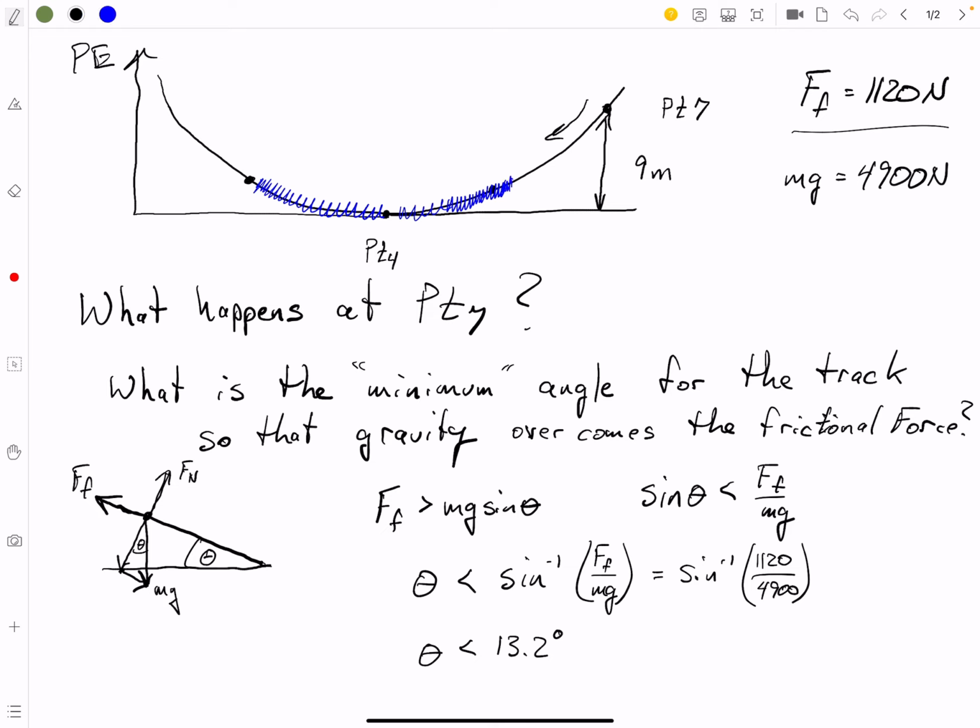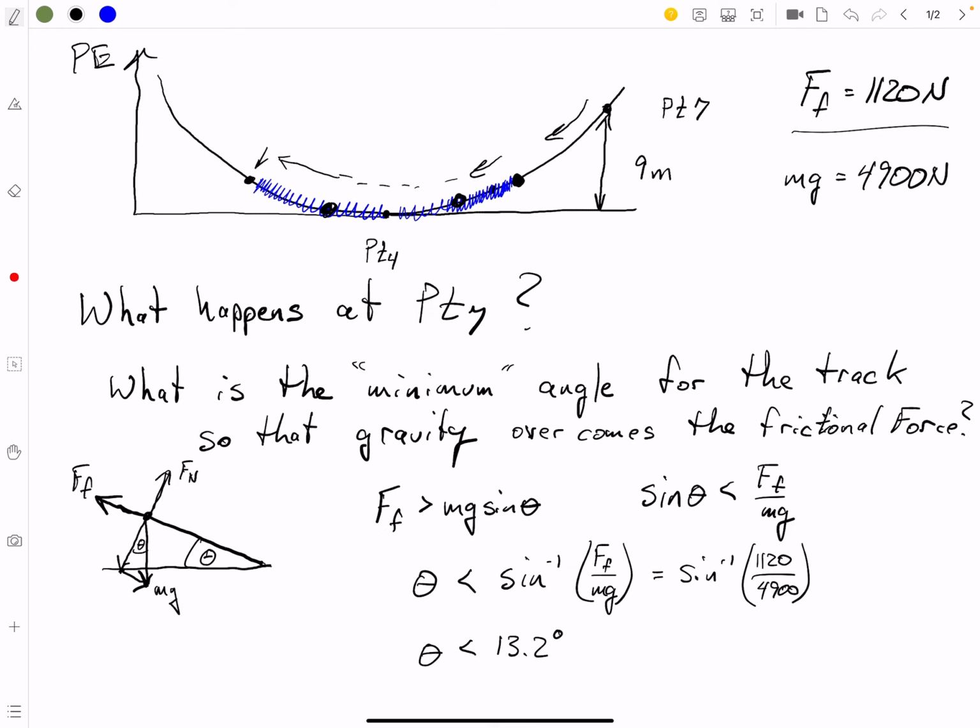We'll come up here and we'll put our point there. So basically our cart is going to stop somewhere in that blue region. So the cart will come in and it'll either roll in this way and come to a stop, or it'll keep going and come to a stop. This would be the furthest that it would get. If it happened to be just perfectly set up, it would get all the way to here. That would be the max.